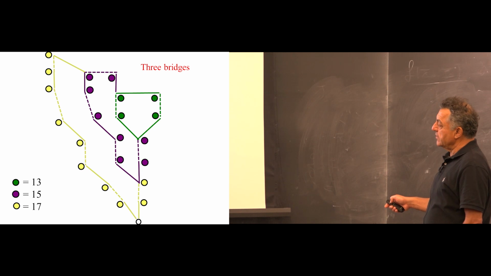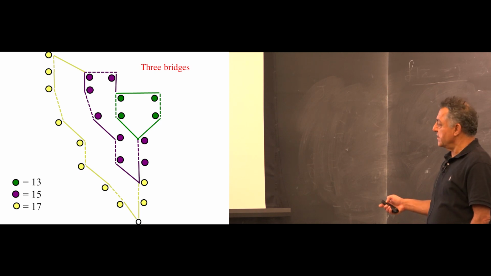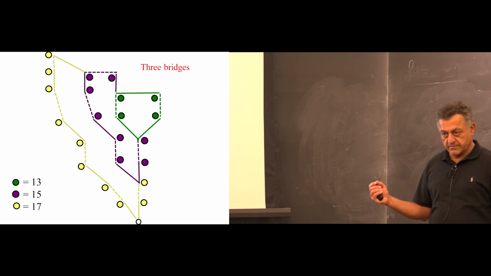And the support of the green one is just these green vertices. And the support of the purple bridge is the purple vertices, and the yellow one is the yellow vertices, because the support is to be the same as the tenacity of the bridge itself, which are 13, 15, and 17. Is that okay?